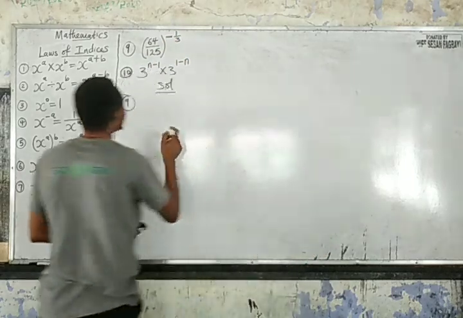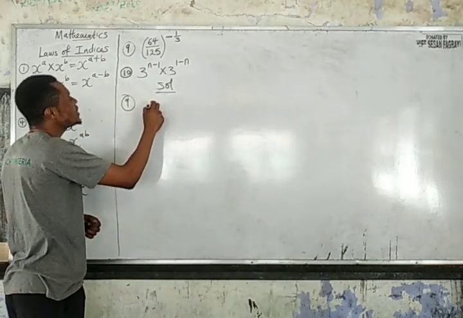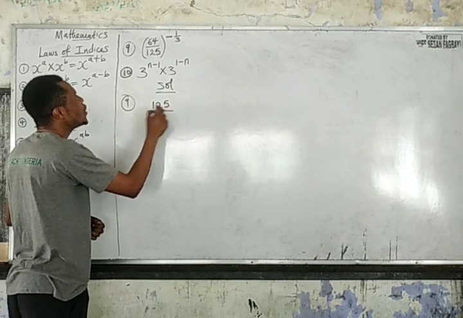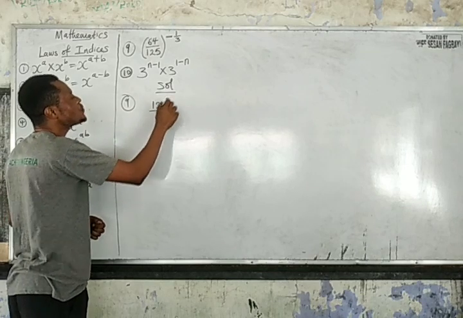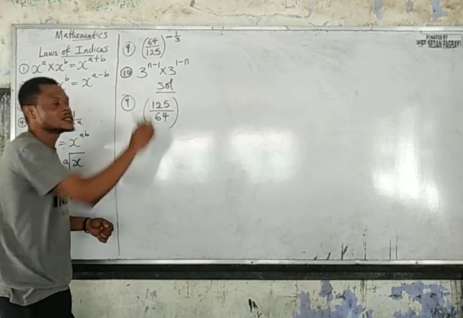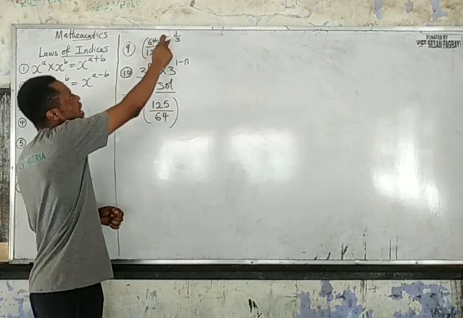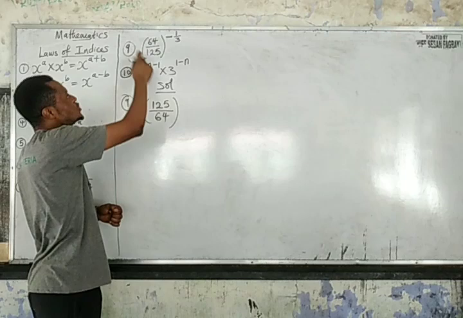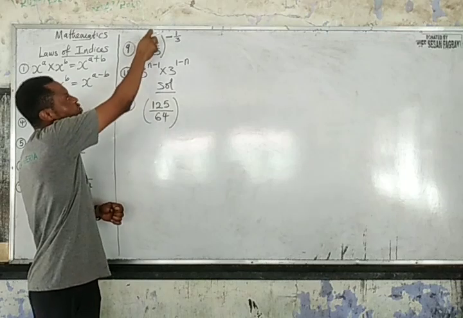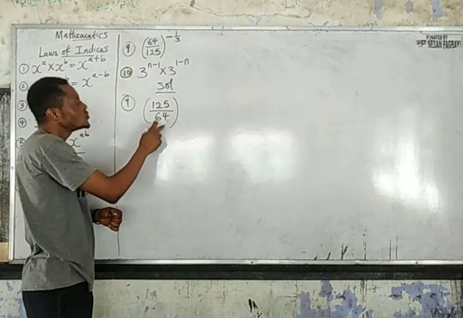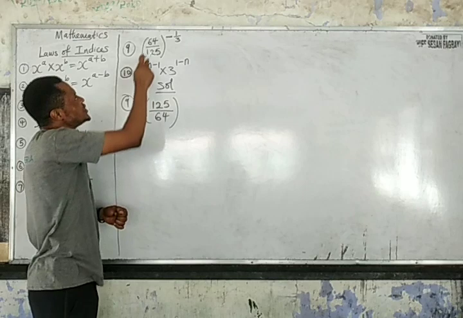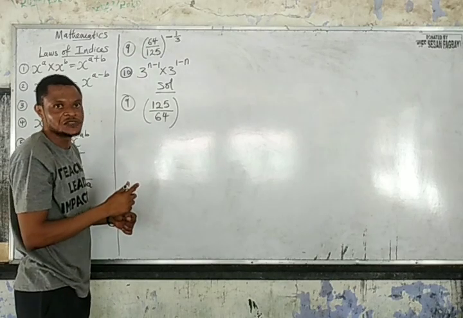So by doing that, we'll be having 125 all over 64, everything in brackets. We are not going to place the minus here again, because the minus has done justice to this question by repositioning the numerator and the denominator.